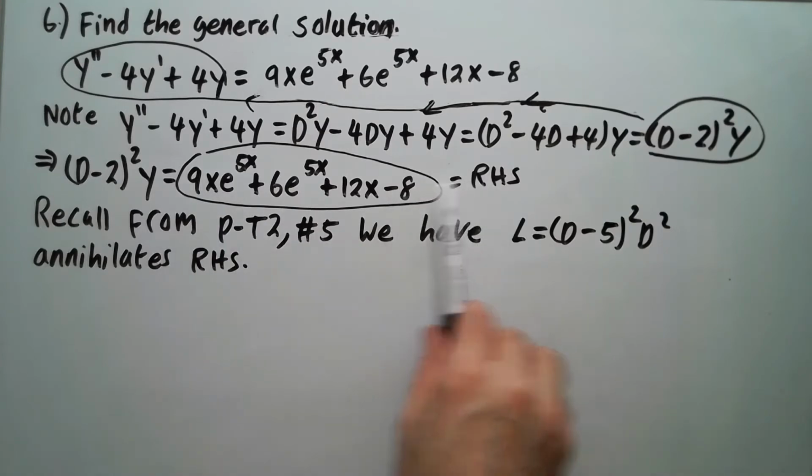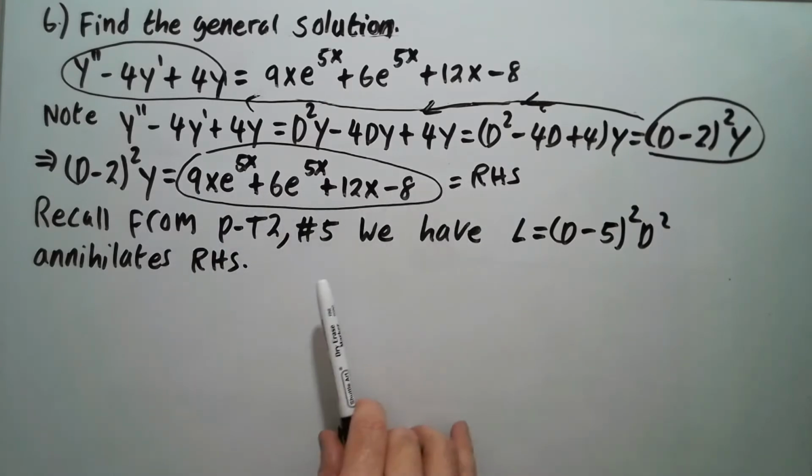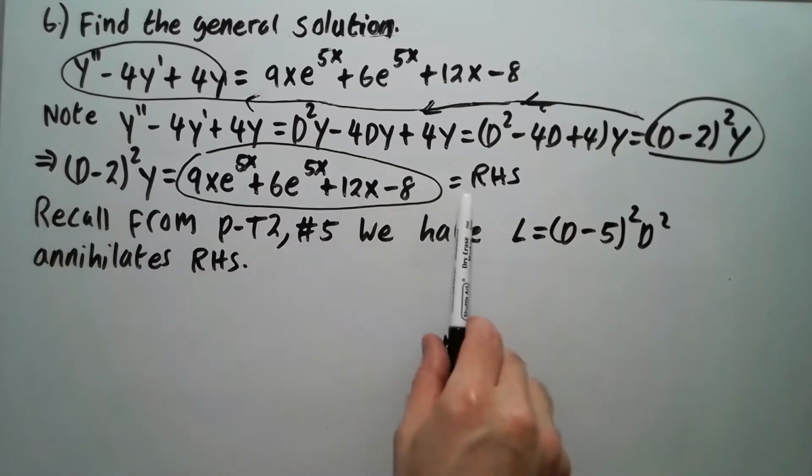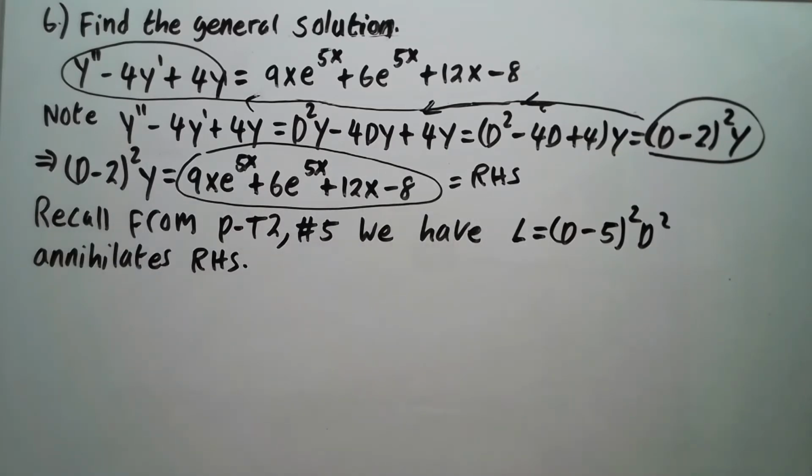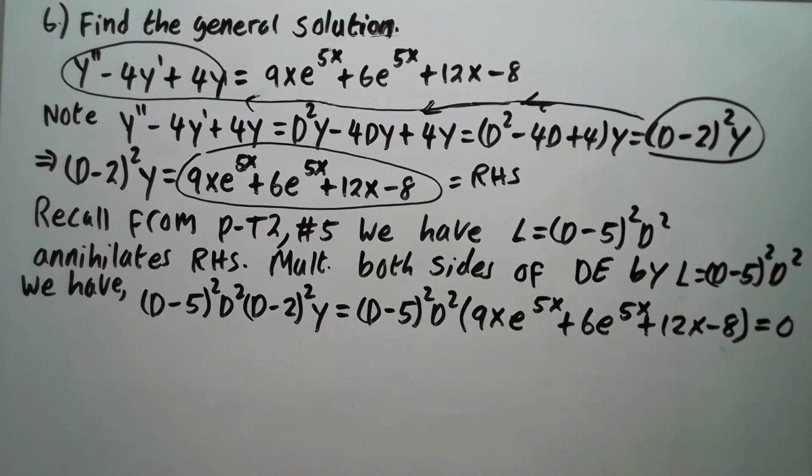So let's multiply both sides by our annihilator from question 5. We'll have D minus 5 squared times D squared times D minus 2 squared y equals D minus 5 squared D squared times the right hand side. But from question 5, this annihilates the right hand side, so it equals 0.